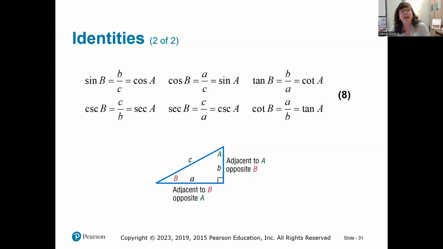Whatever the one angle is, B or A, the other one is 90 degrees minus A. And what we'll find is that the sine of B will equal the cosine of A, and the sine of A will equal the cosine of B. And the cotangent of B will equal the tangent of A and vice versa.